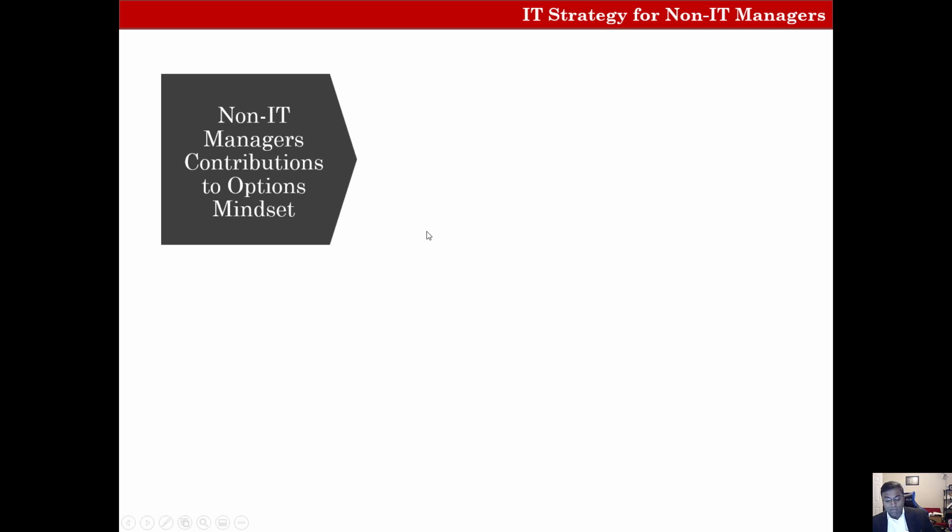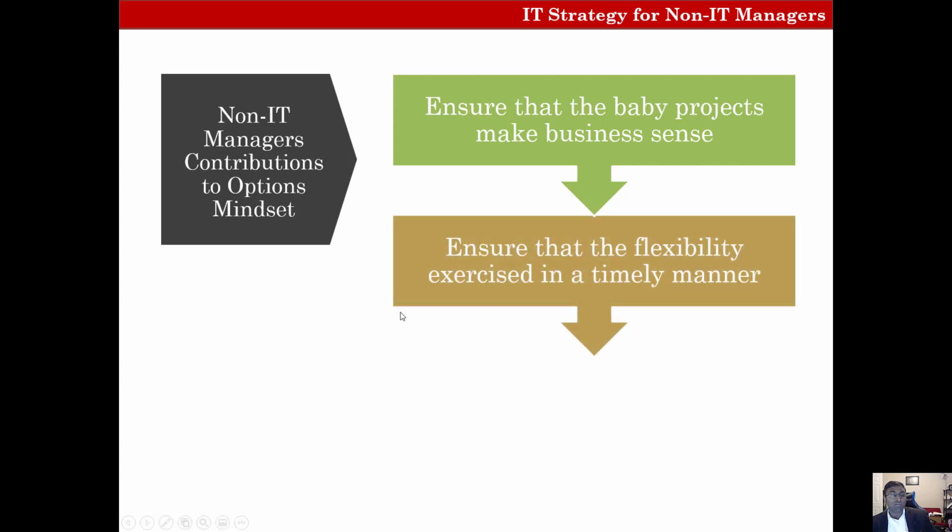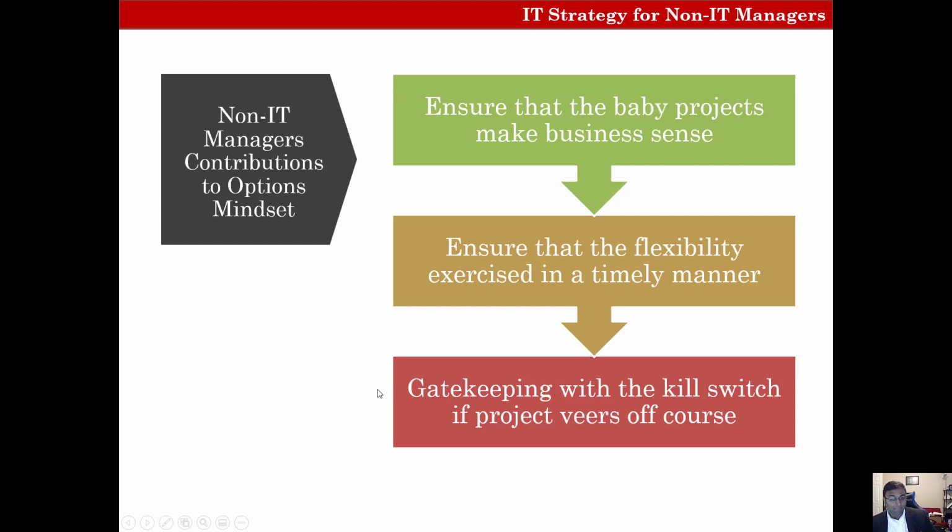So it is important to figure out what are the smaller projects, make sure that they make business sense, ensure that flexibility is exercised in a timely manner, and essentially there needs to be some gatekeeping with the kill switch if the project veers off course.